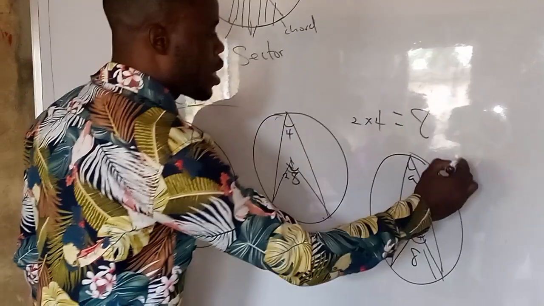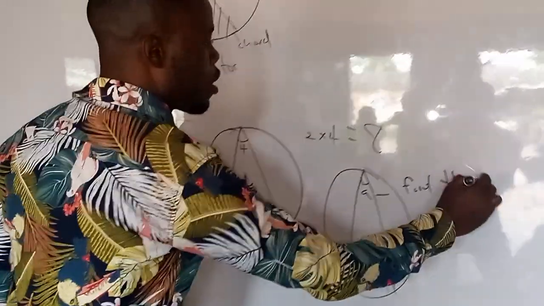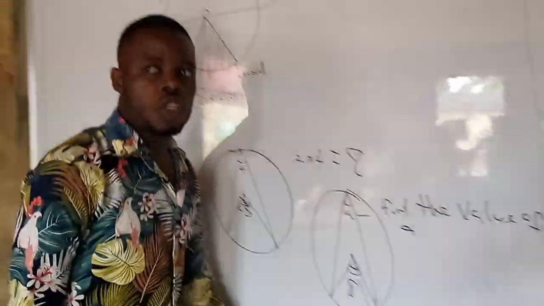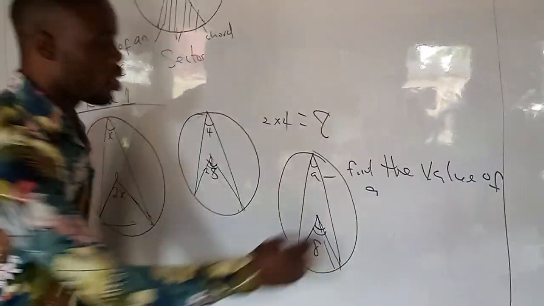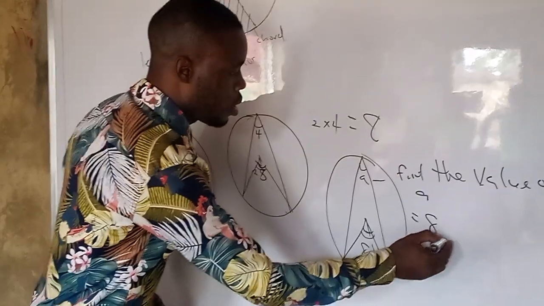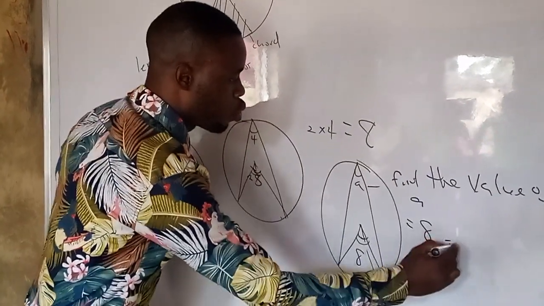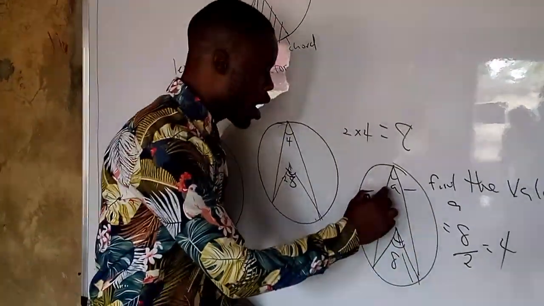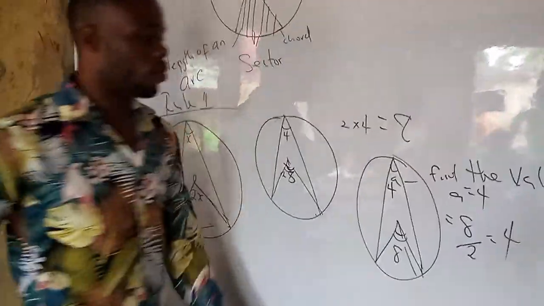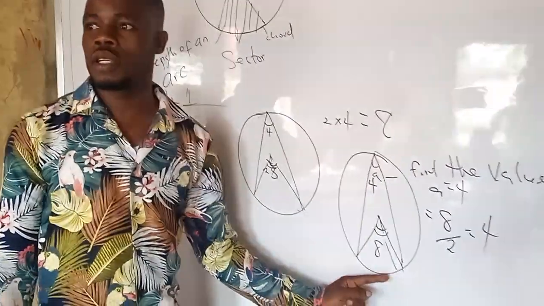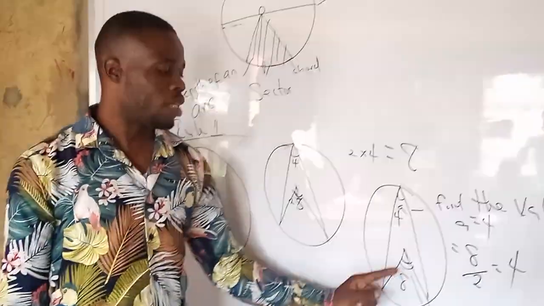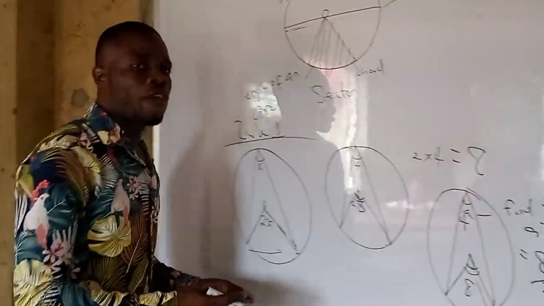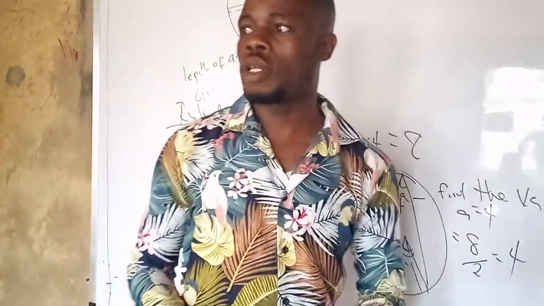Find the value of A. So since this is twice of this, it will now be 8 divided by 2, which will give you 4. So your A is 4. Remember, twice of this will give you 8. So if you have to find this missing number, then you divide this number by 2.